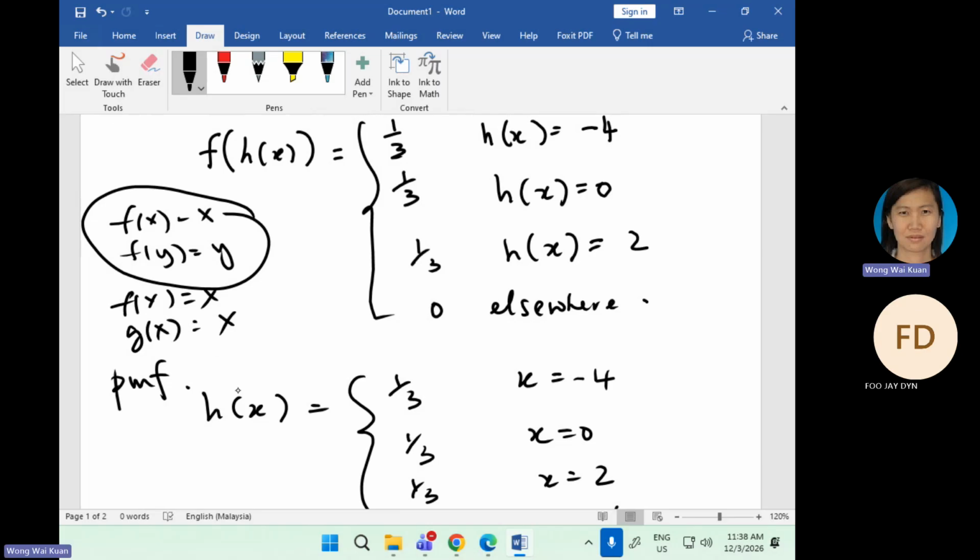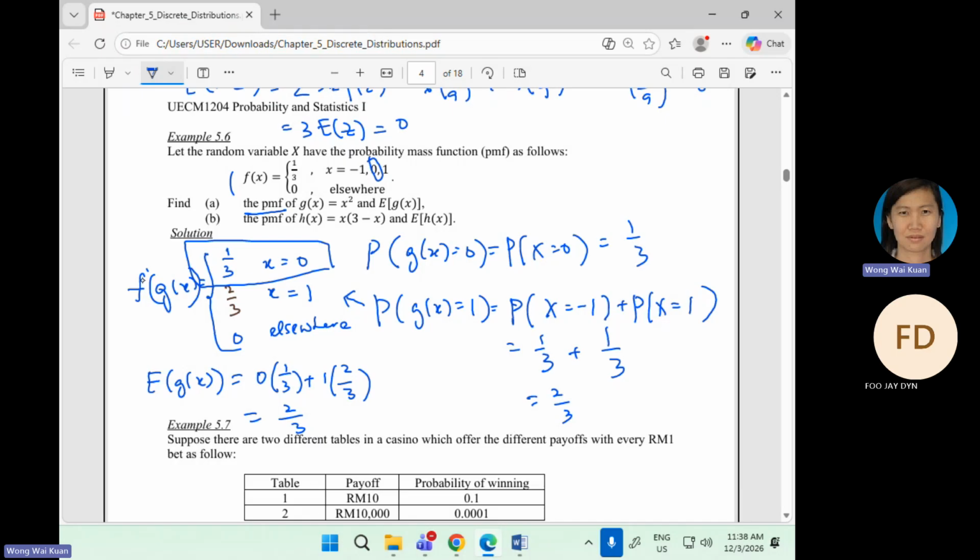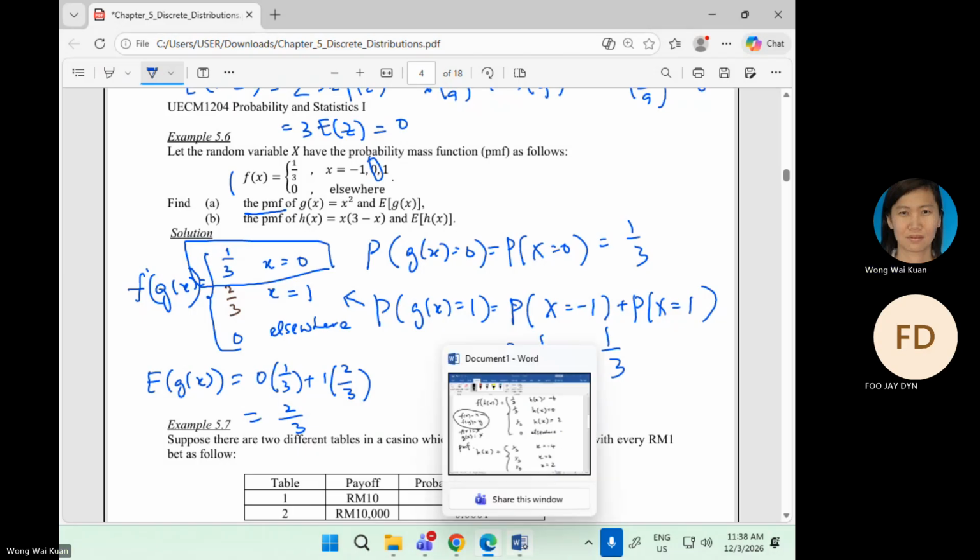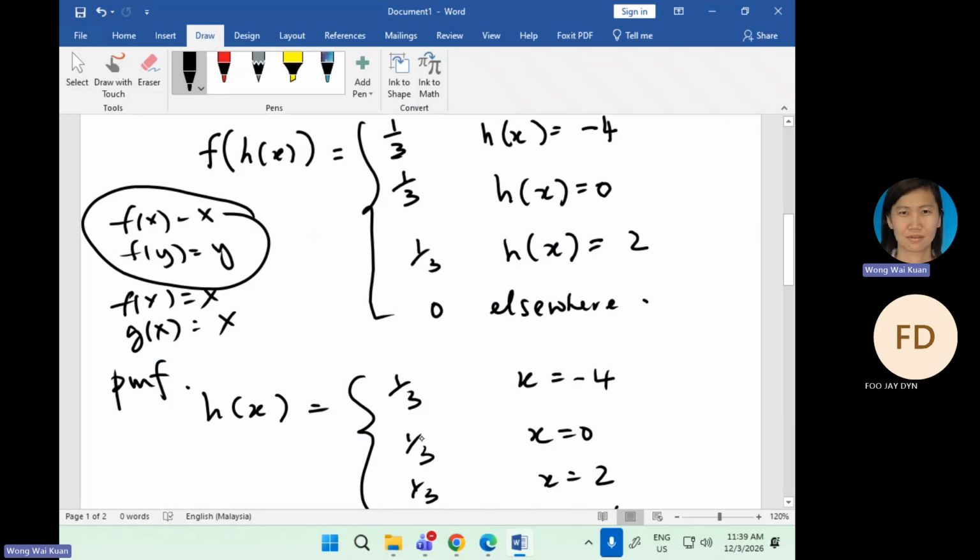So that's why actually this one, nothing wrong, no? Okay, I just want to tell you that the answer that I gave you just now at the beginning with g(x) was actually correct. It's just a PMF. Okay, but a bit confusing because it's the PMF of g(x). So I just want to tell you that that is also okay.